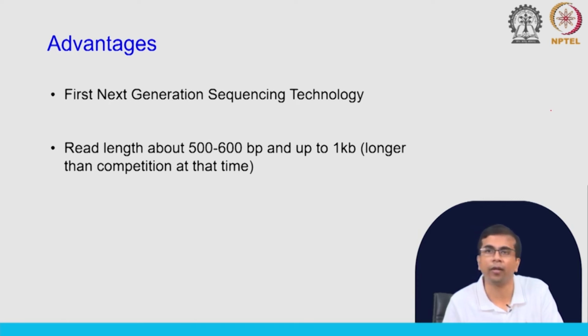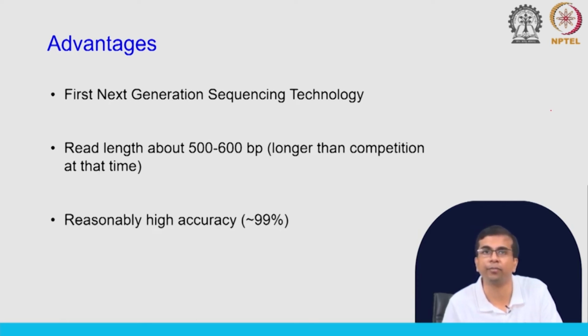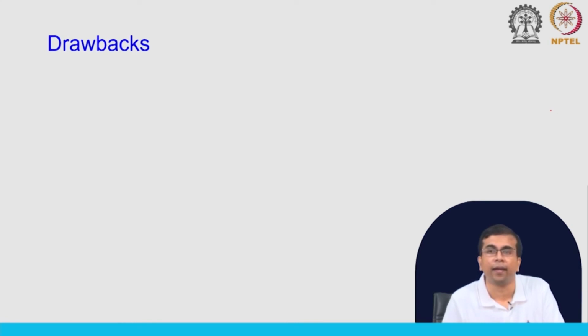On average it was around 500 to 600 base pairs. It had reasonably high accuracy, about 99%. That is quite good, so you had only 1% error in the data, but it also had some drawbacks. So, we will talk about the drawbacks.